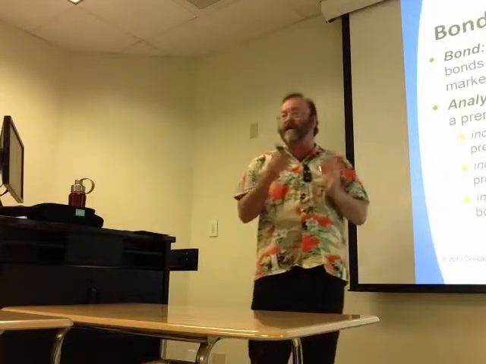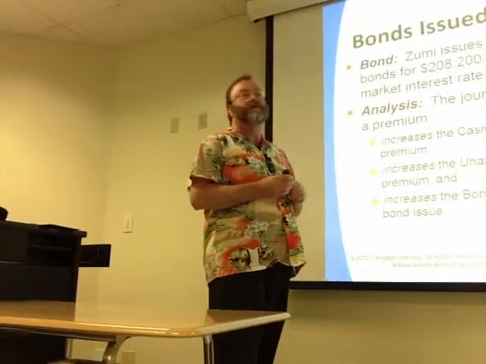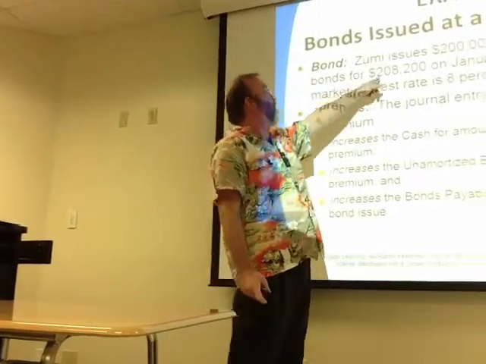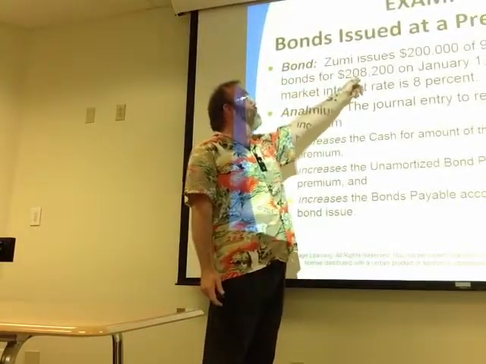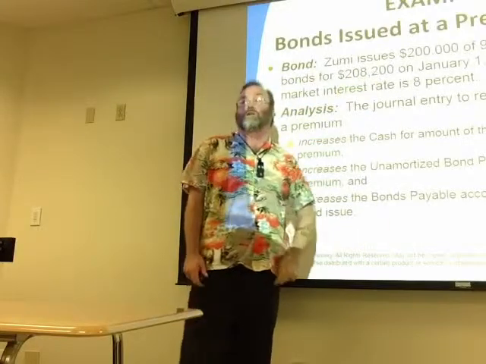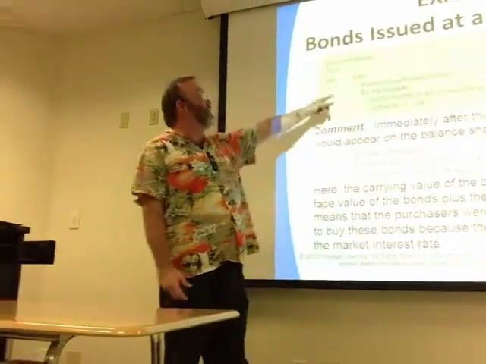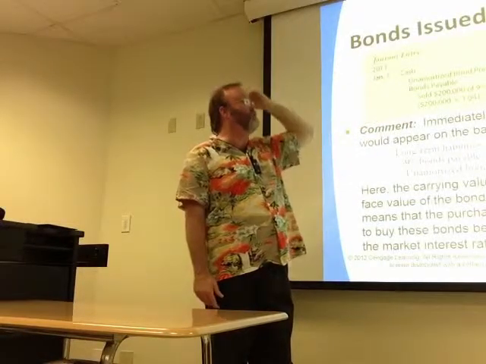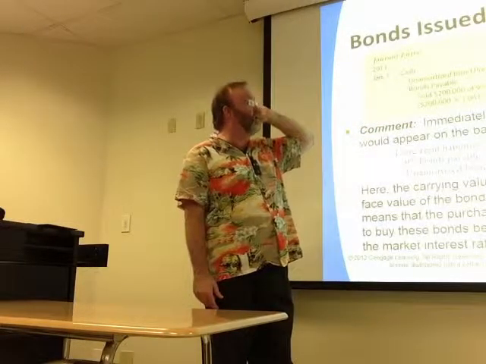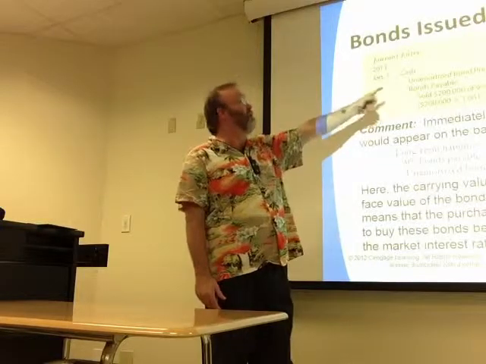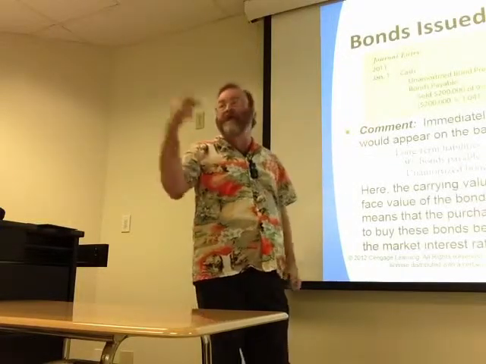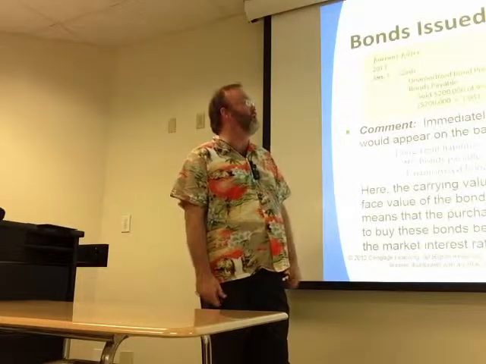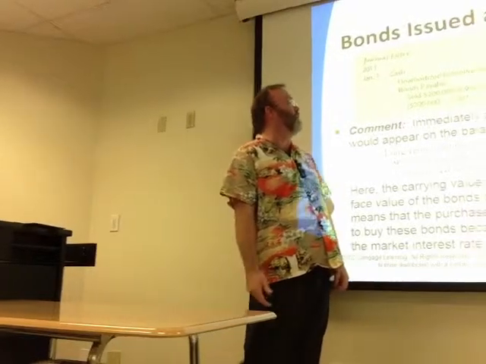They only wanted 8,000 semi-annually, you gave them 9. So to reward you for your generosity, they didn't give you $200,000. They gave you $208,200. That's a premium. So the debit to cash is the full $208,200 sale price. Now you have an adjunct liability account of $8,200, bonds premium.